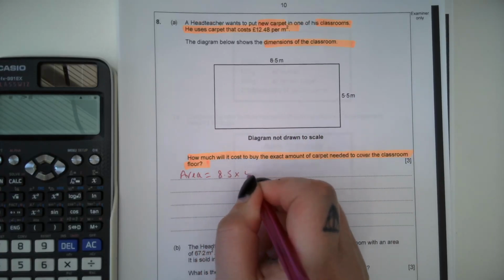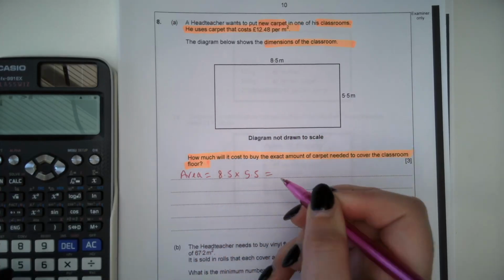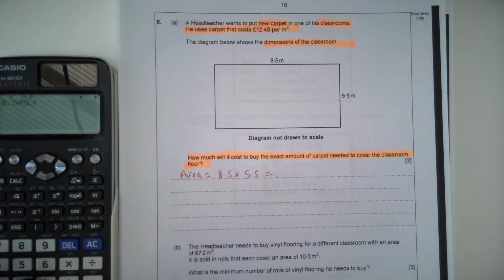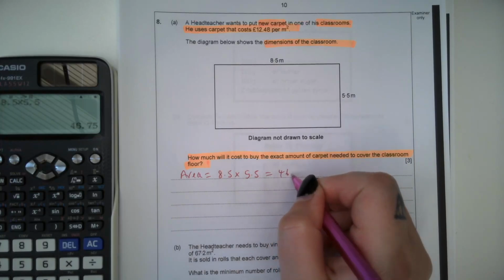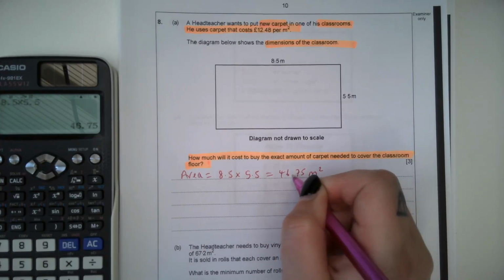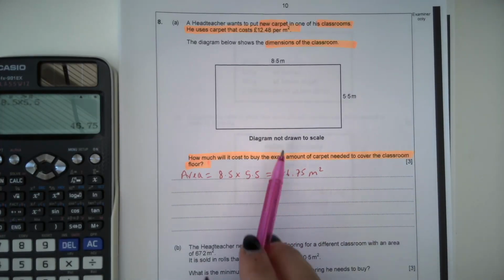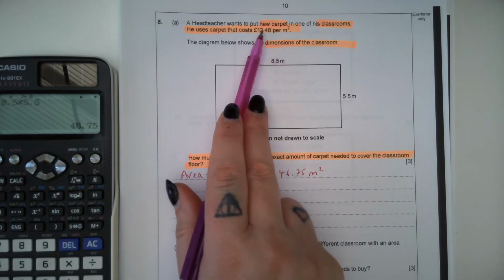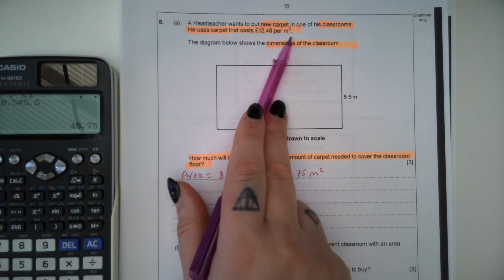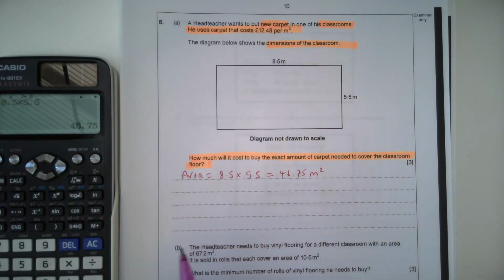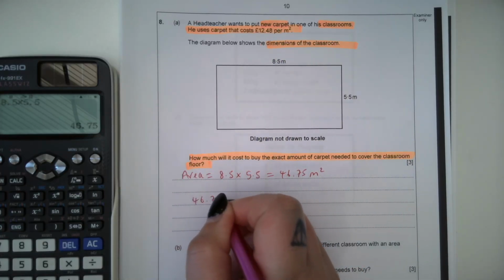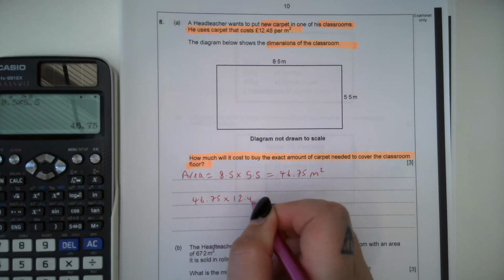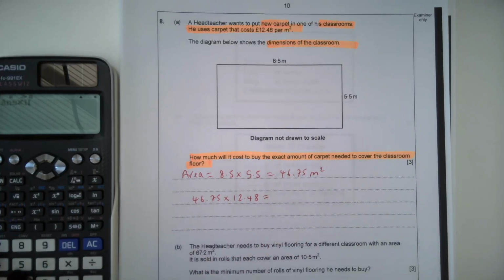So 8.5 multiplied by 5.5. So that's 46.75 metres squared. Now each one of those metres squared costs £12.48, because it's £12.48 per metre squared of carpet. So we're going to multiply this by £12.48 to find our total cost.